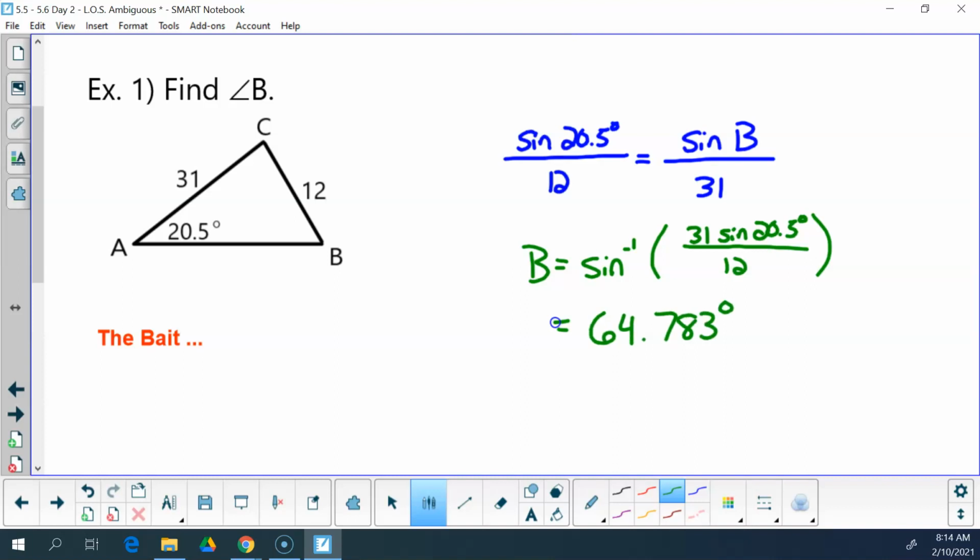Yes? Here's the problem. What did I get last night? 115.217 degrees.